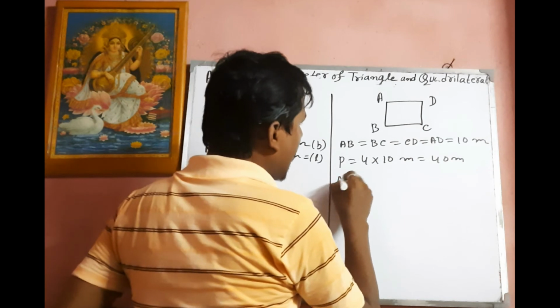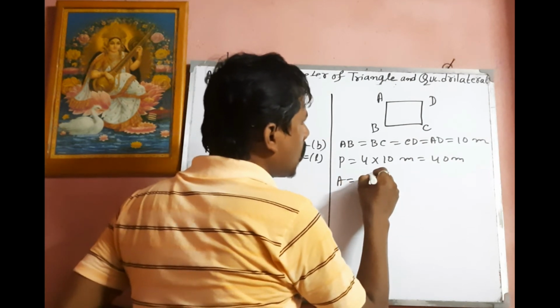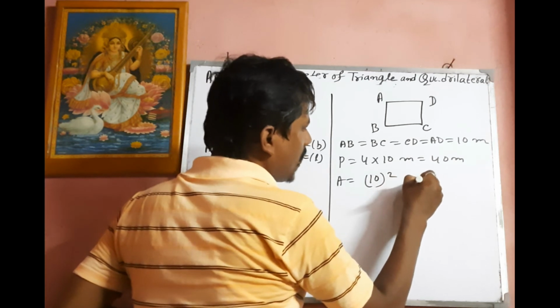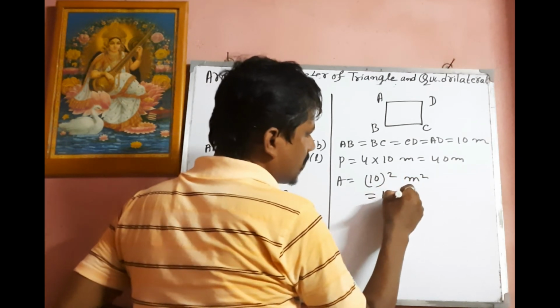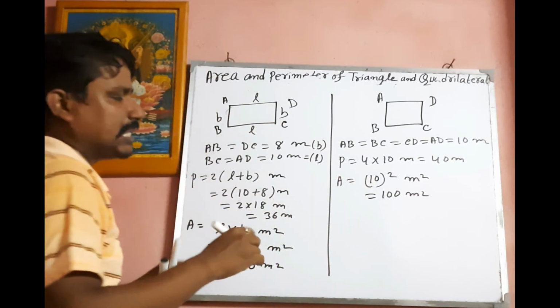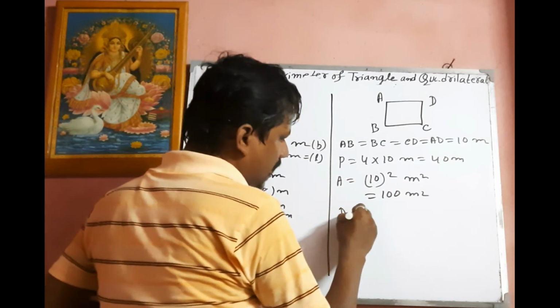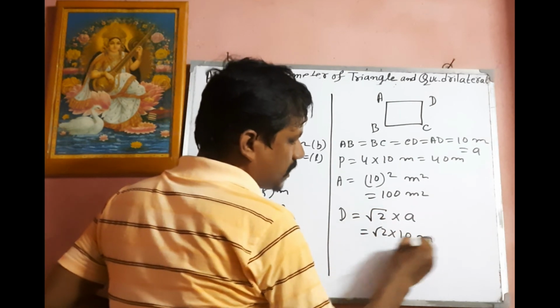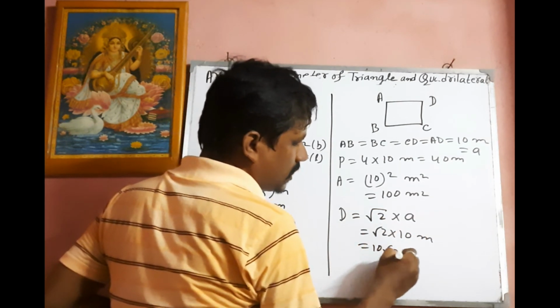Now the area is equal to side square, that is 10 square and meter square, and this is 100 meter square. And also we can find the diagonal of the square, that is root 2 into 10 meter, that is 10 root 2 meter.